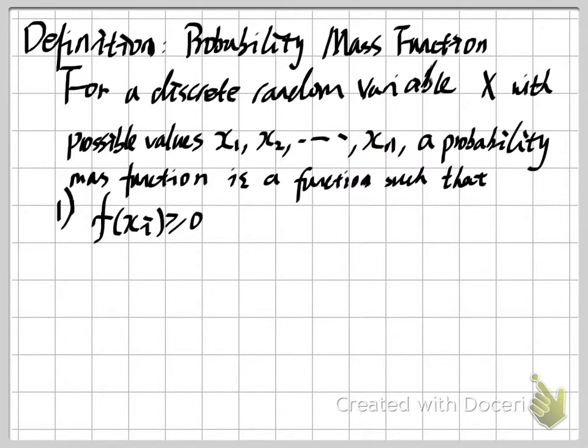The first one is that the value of this function at any point should be a non-negative number. This is the reason for this requirement, because the probability is always a non-negative number. The second is that the sum of this function over all of the points should equal 1.